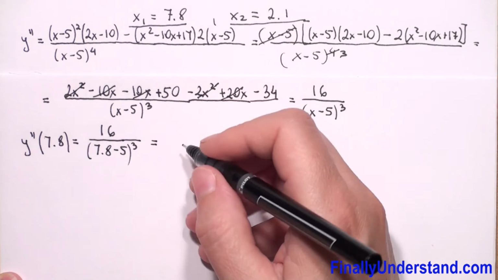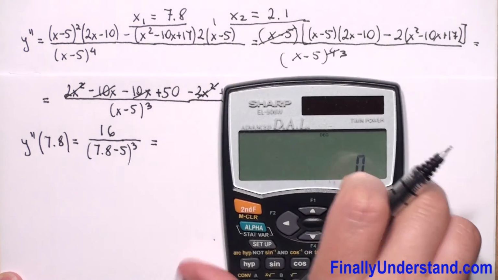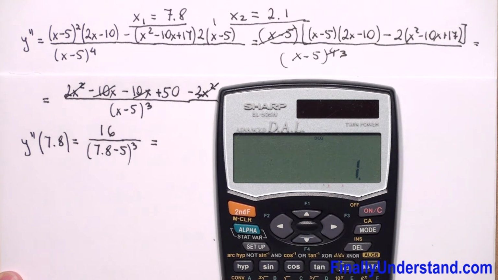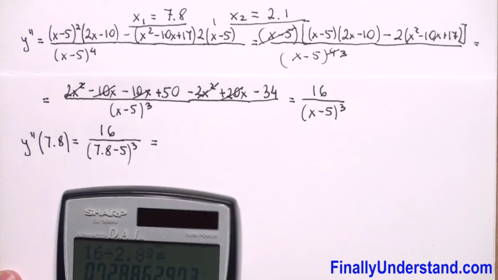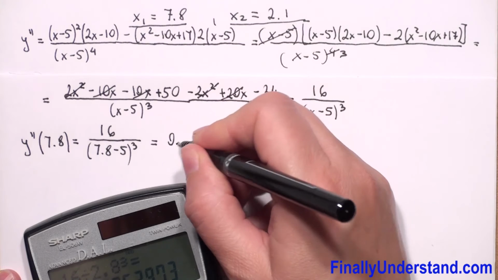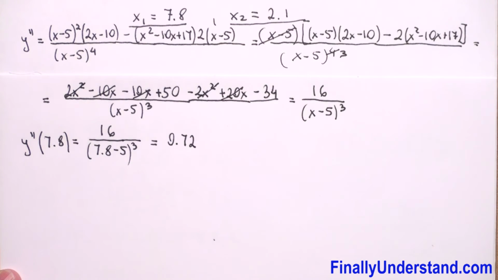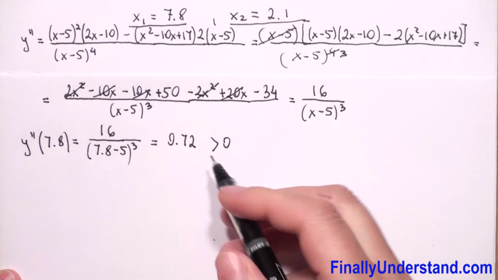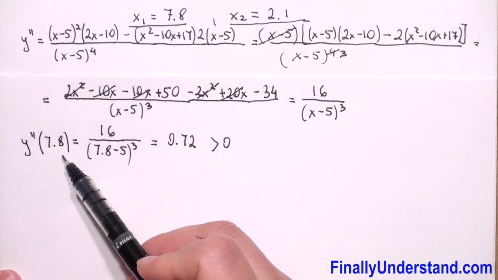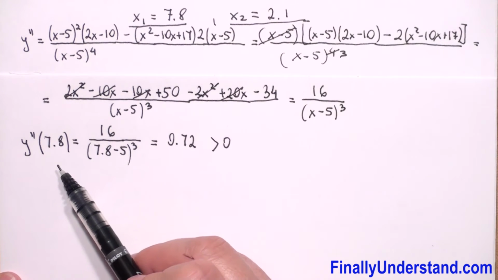This is equal, let's use the calculator. So we have 16 divided by 7.8 minus 5, which is 2.8, to the third power. This is equal to 0.72. We got a positive value. It means for 7.8 we will have a minimum.